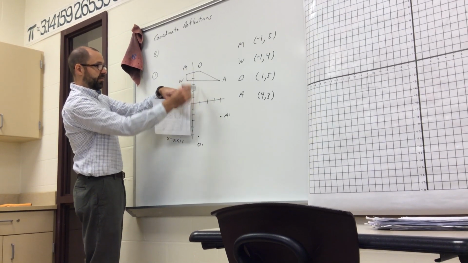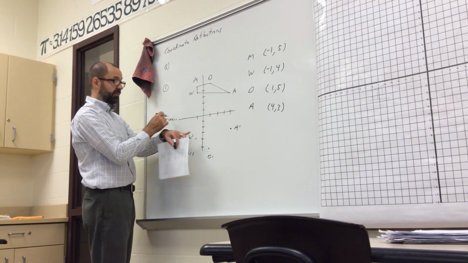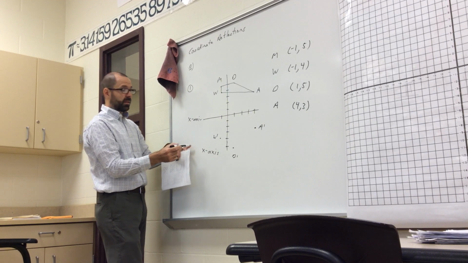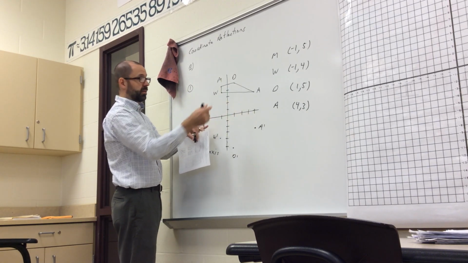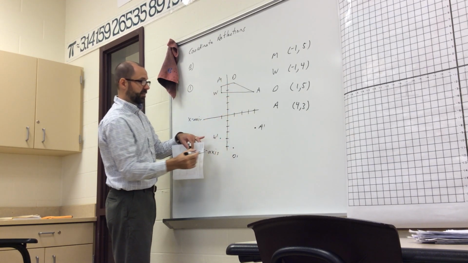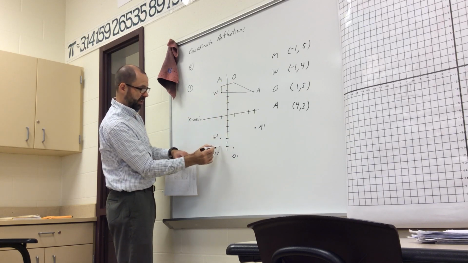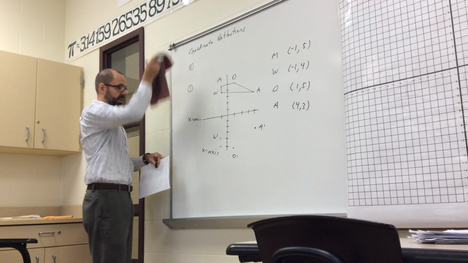So 5 and 5. The line of reflection, which this time is the x-axis, is the middle, so that's 5 and 5. Okay, and then M is 5 away, so the new M will also be 5 away.